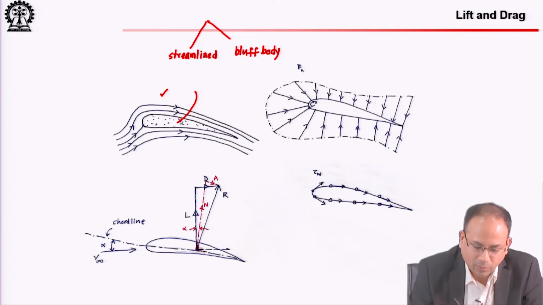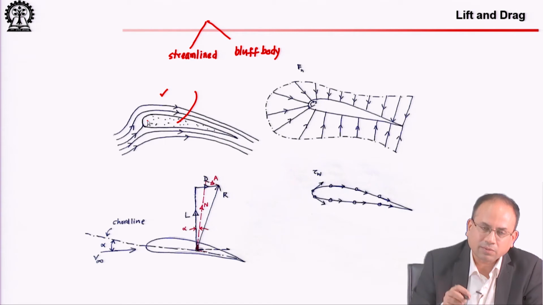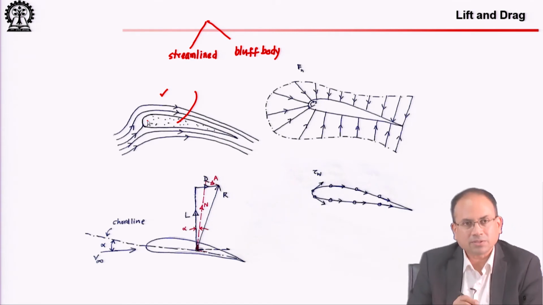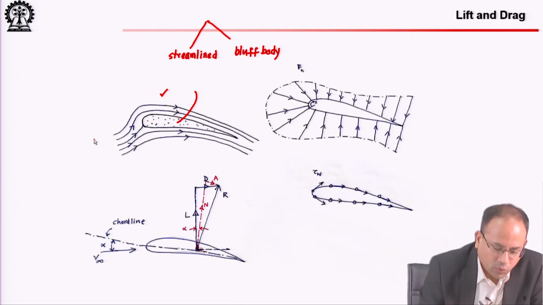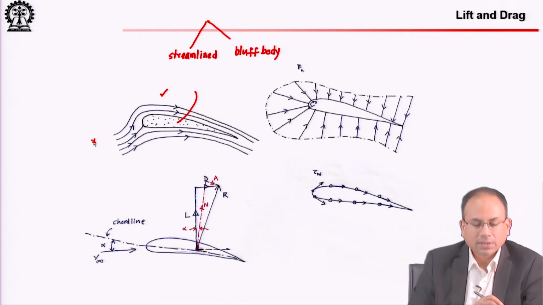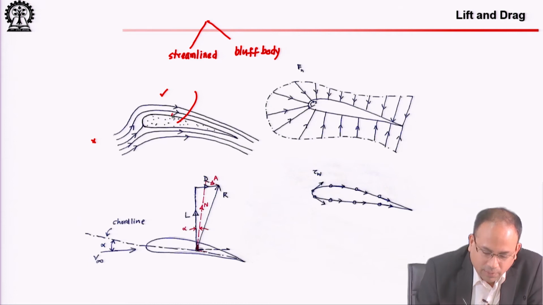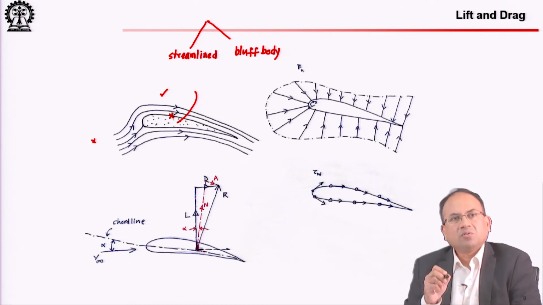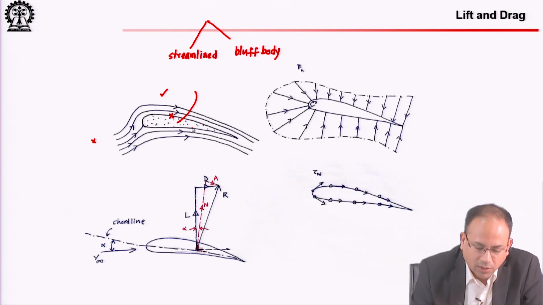So, here we have a streamlined body, the flow field is a combination of the flow field generated by a bound vortex and a uniform flow that creates a pressure distribution. If you know the free stream velocity and pressure, I said that using Bernoulli's theorem you can find pressure or velocity on any location of the flow field.